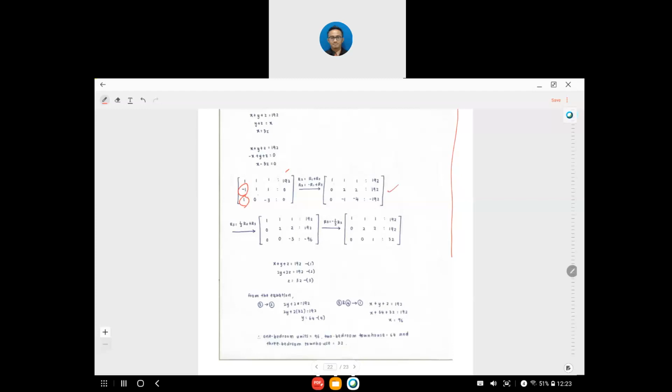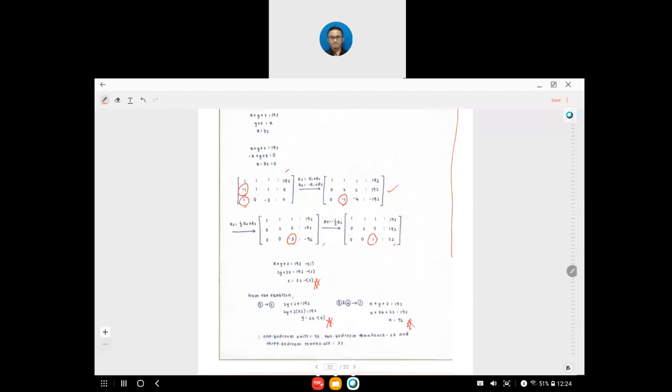And then next, you want to change this 0 by using this one. Okay, you can get this matrix. And then change this one become 1. Divide by negative 1 over 3, times by negative 1 over 3. So you can get 1 and 32. So your Z equal to 32, your Y equal to 64, your X equal to 96.